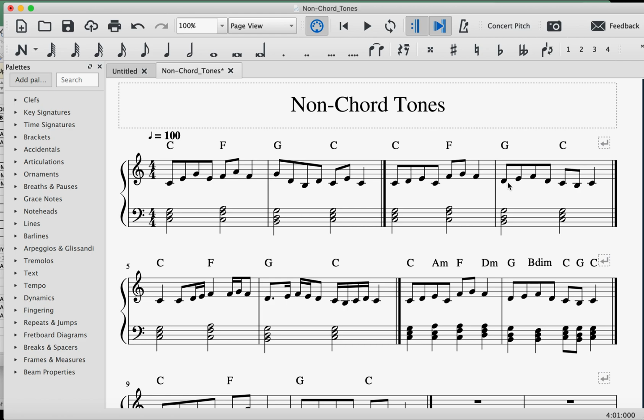So that means that 2 out of 4 notes are chord tones, and the other 2 are non-chord tones. So how do we know that G is working here? How do we know it's G? Why are these chord tones instead of non-chord tones?